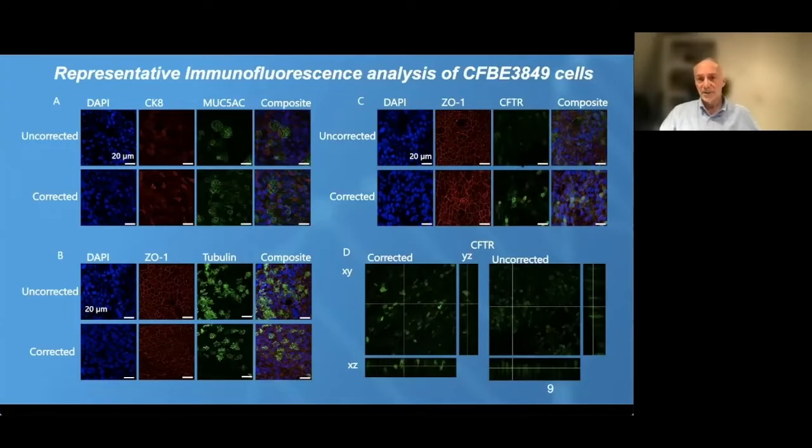And then we looked by immunostaining at CFTR and showed a substantial increase in the intensity of staining for the CFTR protein.